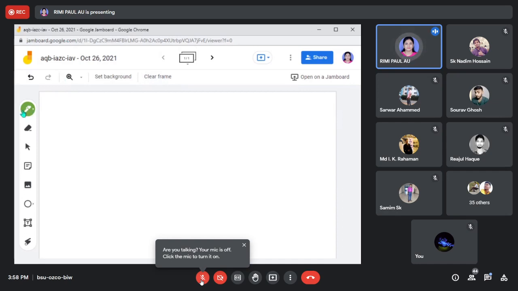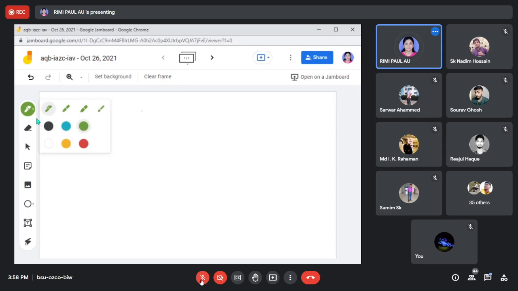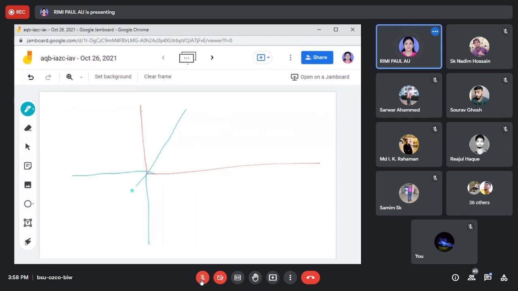Now what is a ramp signal? This is just a straight line signal. You can see that the signal goes towards the positive side, also the negative side, and I can draw here and here.